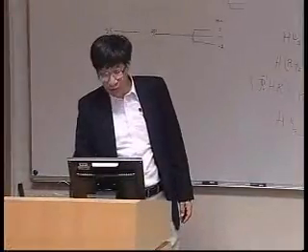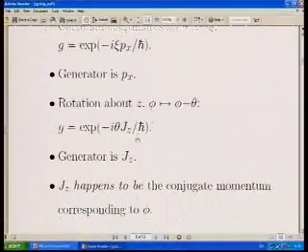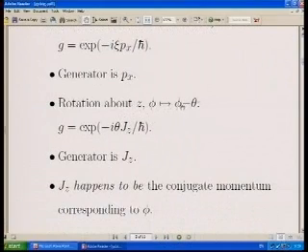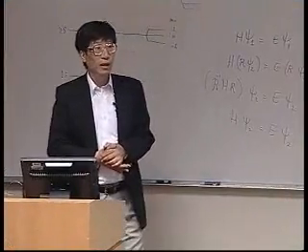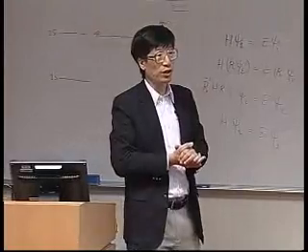Now, we next did rotations. So I rotate about z. That means I add or subtract a certain amount to the azimuthal angle. And you find that the corresponding rotation is related to Jz. So the generator is Jz. That's something we found. Now, at the end, of course, this is, I think, your question.